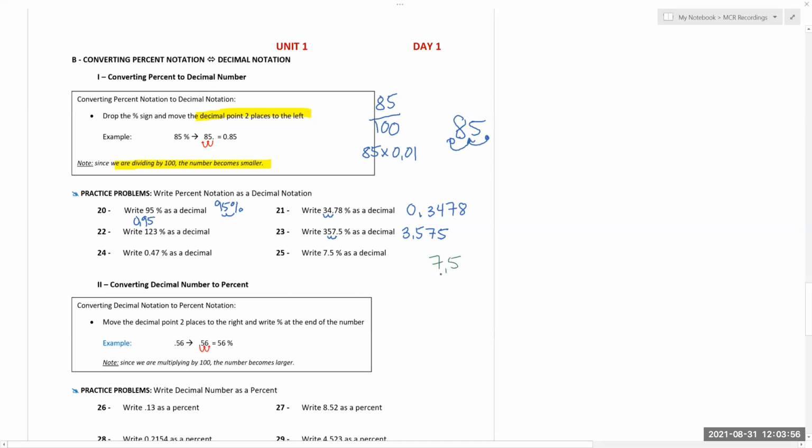Now this 7.5, 1, 2, I need to put an extra 0 there to move it 1, 2. So it becomes 0.075. Same with this 0.47, 1, 2, I need to add in extra zeros. So 0.0047, and then 1, 2 is 1.23. So there are the answers for those.